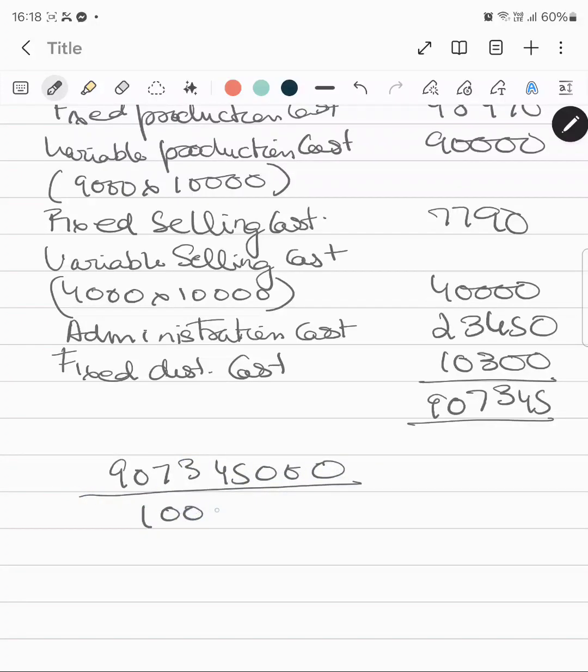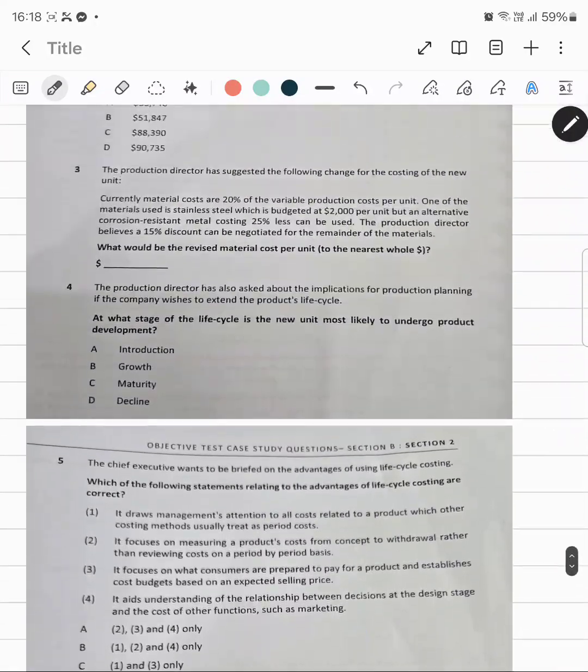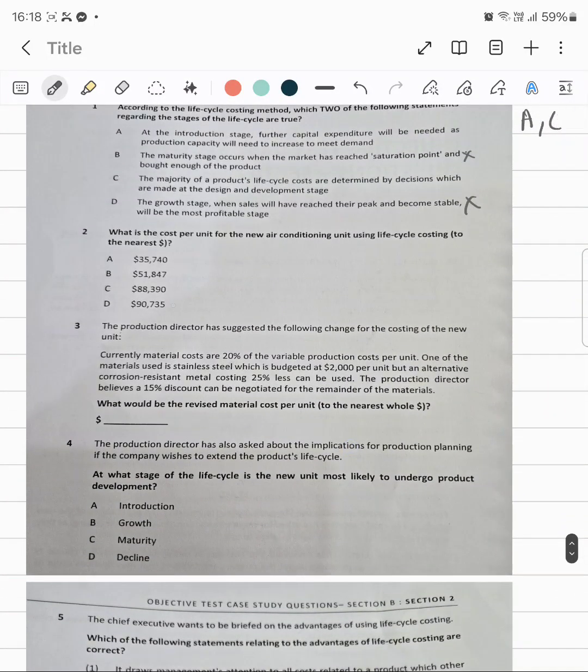So per unit cost will be divided by 10,000, and it would give me 90734.5. Yep. So I think the answer over here should be D.